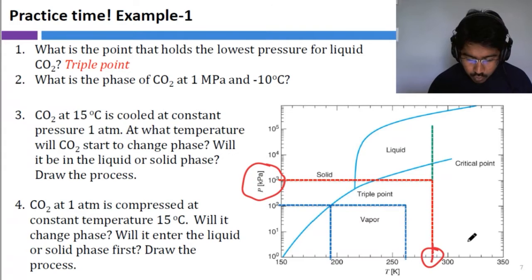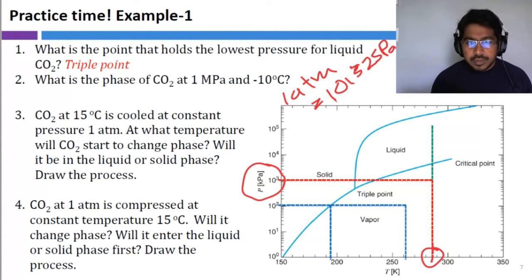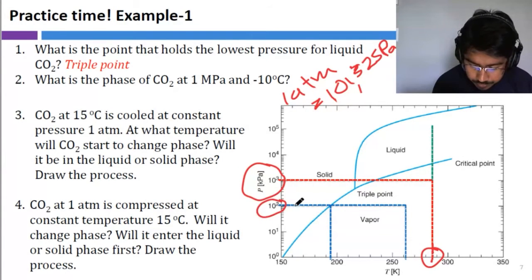And then the pressure is 1 atm. 1 atm is equal to 101,325 pascals. So it's roughly 100 kilopascals, right? If we divide this by 1000, it's roughly 100. So we locate this pressure now, and then we go and see the intersection. Okay, now we are here.